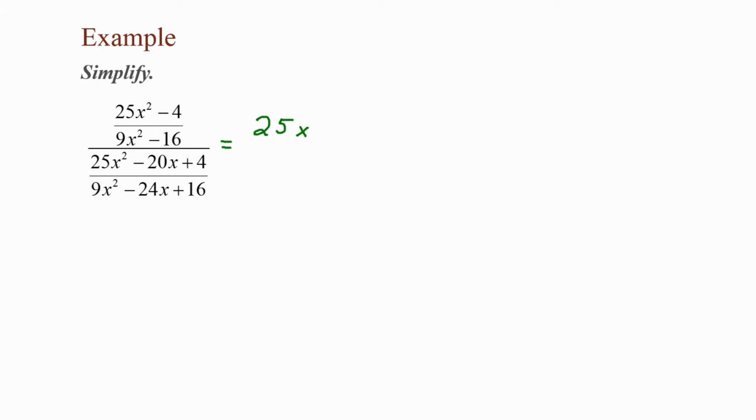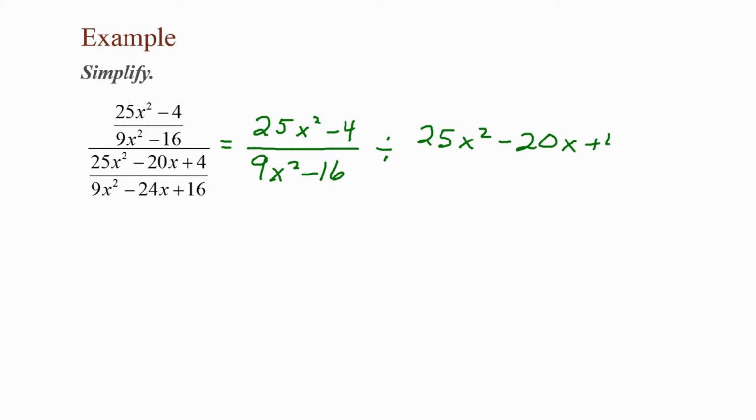25x squared minus 4 over 9x squared minus 16 divided by 25x squared minus 20x plus 4 over 9x squared minus 24x plus 16.